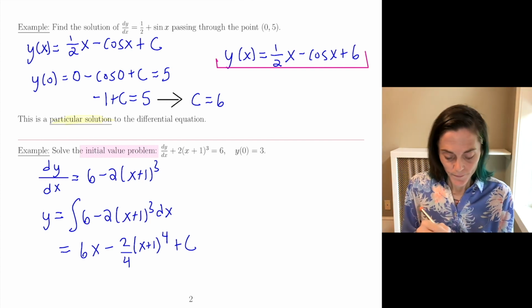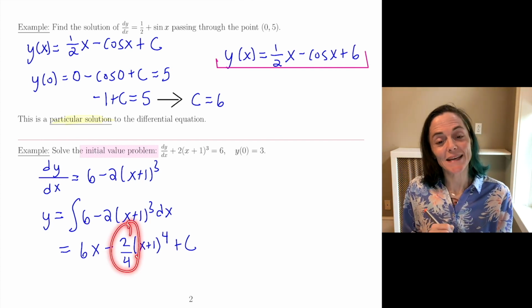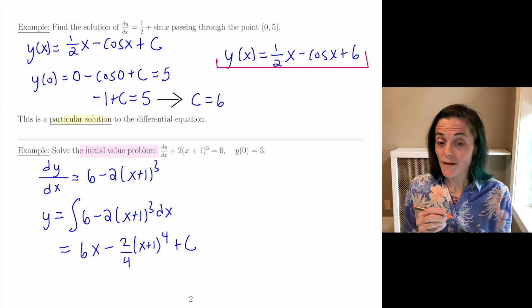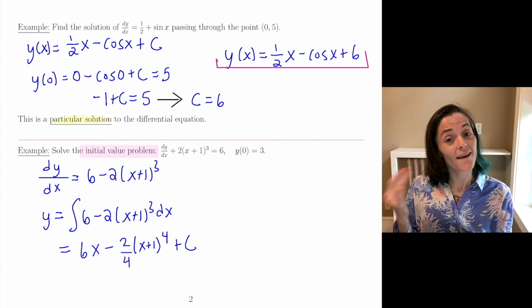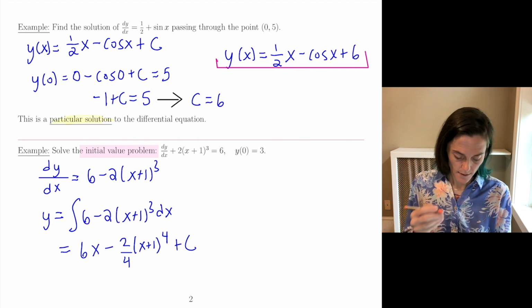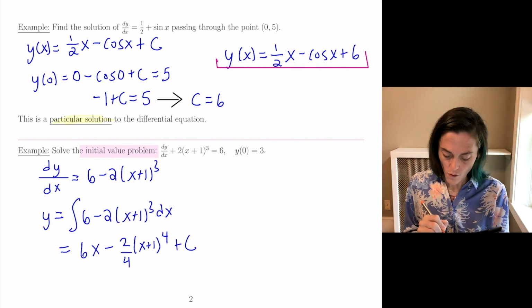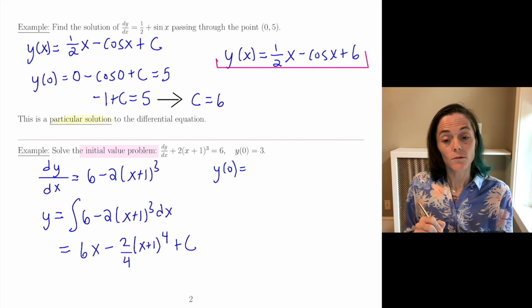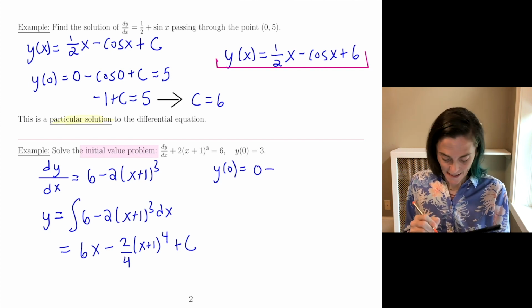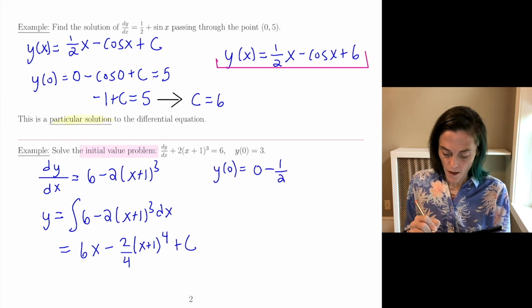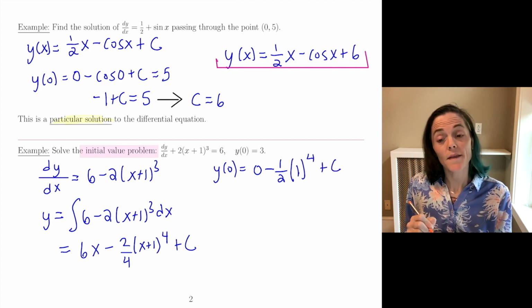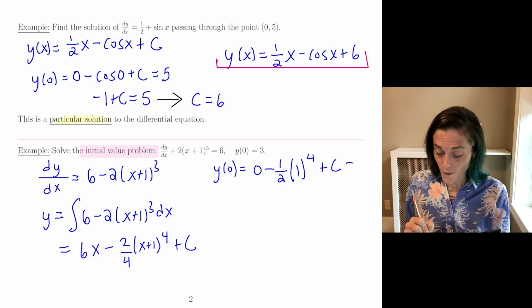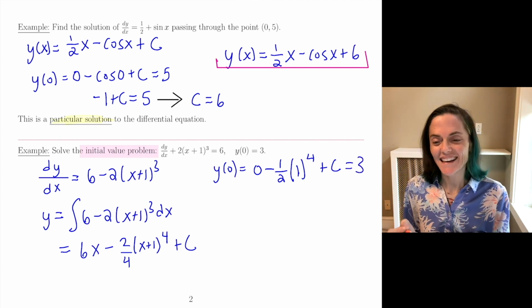Now, maybe in the next step, I'll simplify this to be just 1/2. So now let's use our initial condition. y of 0 is 3. y of 0 would be 6 times 0 minus 1/2 times 1 to the 4th plus c. And I want this to equal 3. We solve for the constant c.